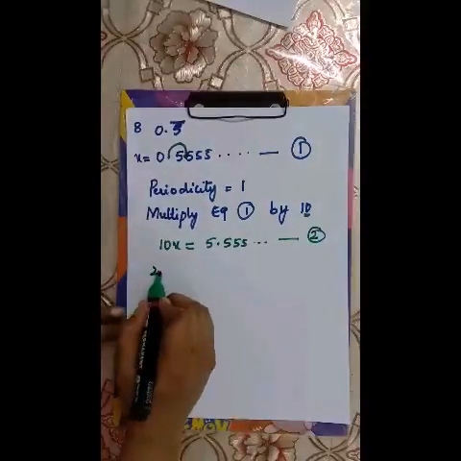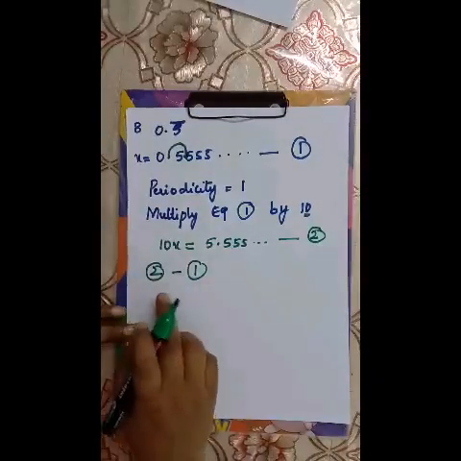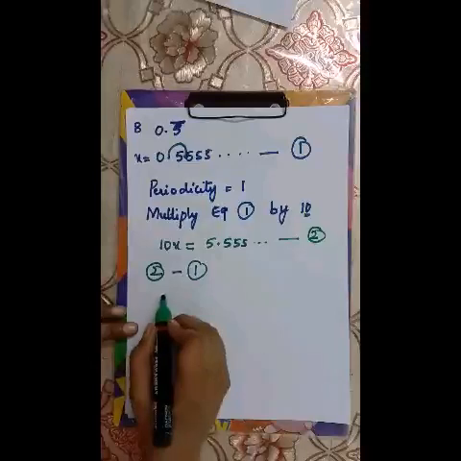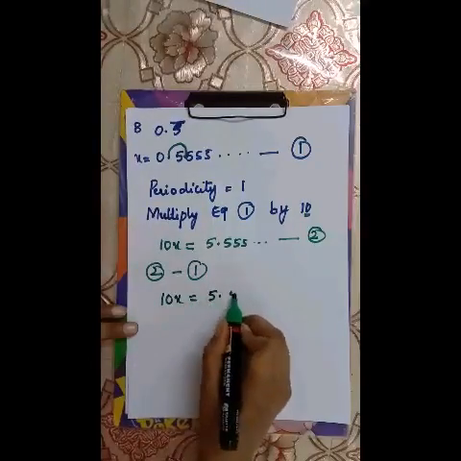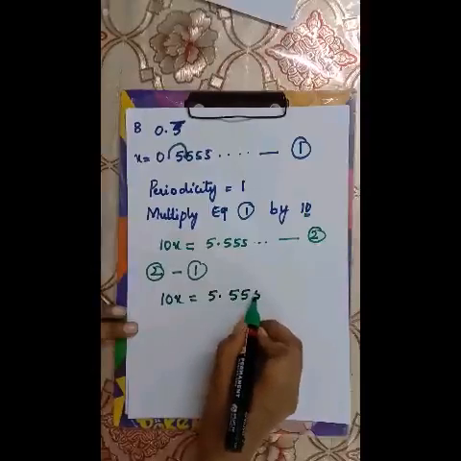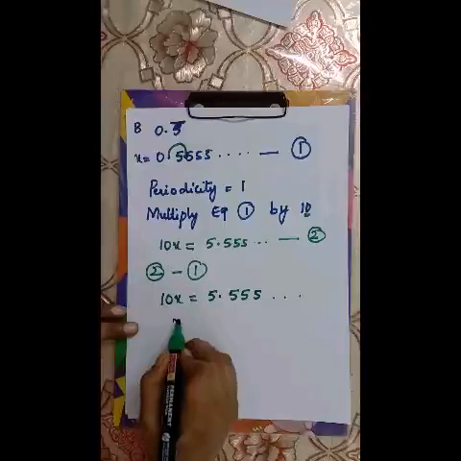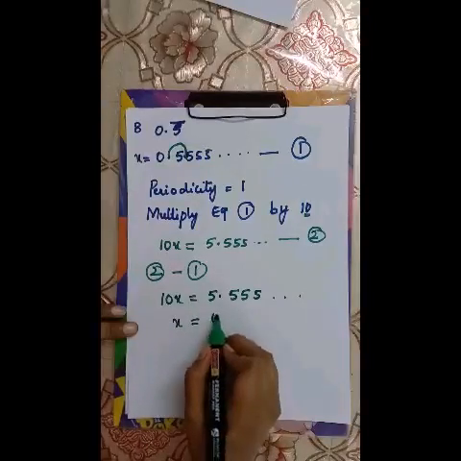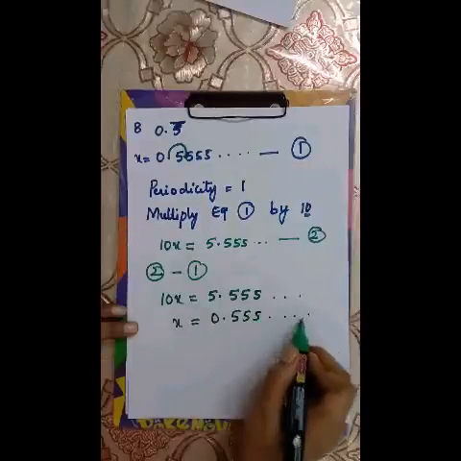Now I am going to subtract 2 minus 1. Equation 2 is 10x is equals to 5.555 and so on. Equation 1 is x is equals to 0.555 and so on.